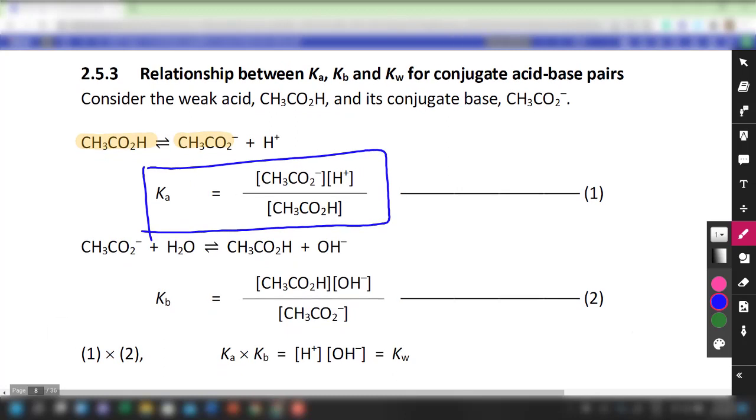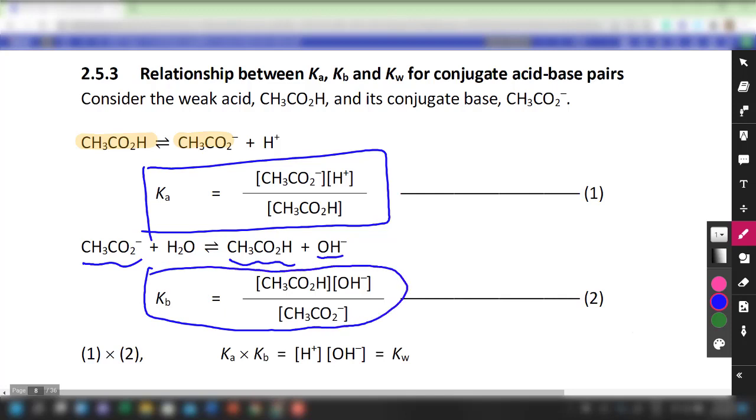But the conjugate base itself, being the base of a weak acid, is also a weak base, and therefore can also ionize in water, and in the process produces ethanoic acid and OH minus. So over here we can also define a Kb expression. Remember that whatever weak acid that ionizes, the base it produces can also ionize back, because the base it produces is also a weak base.